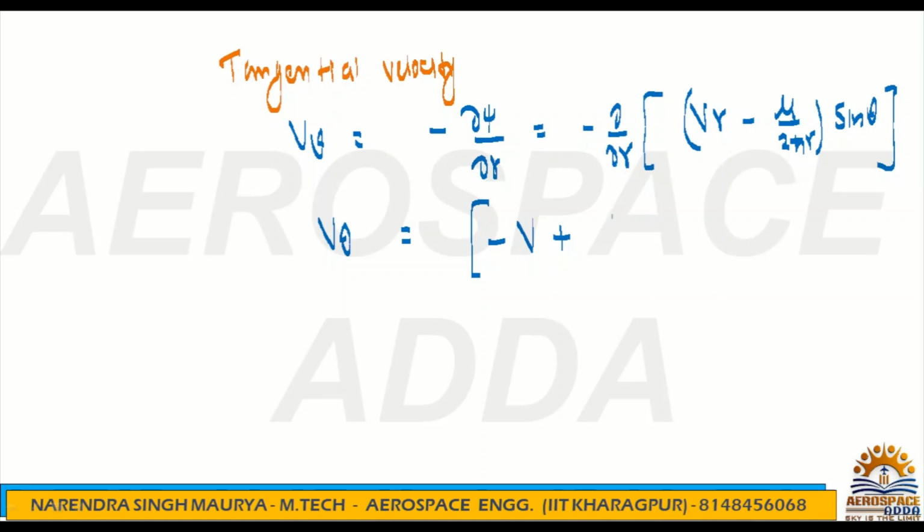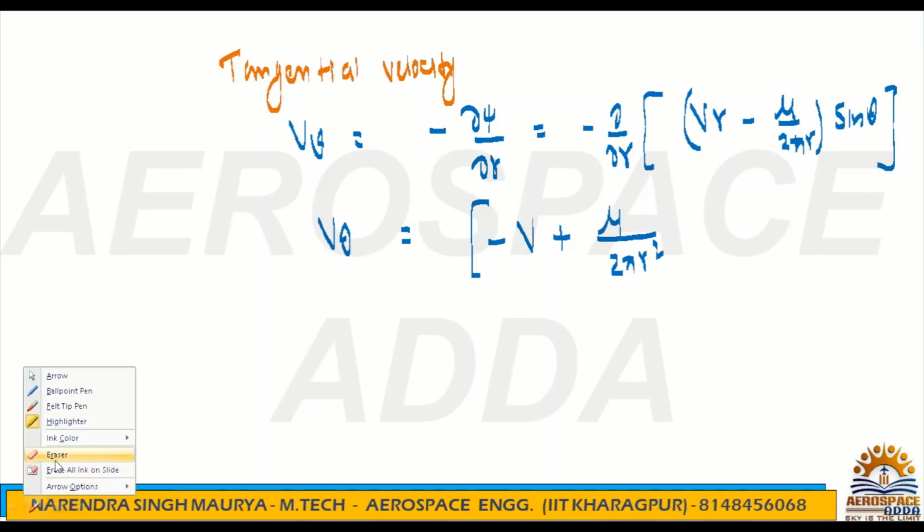Mu upon 2 pi r square, isn't it? Minus will come now, because the differentiation of 1 upon r is minus 1 by r square. It's a simple differentiation: minus mu upon 2 pi r square you will have.